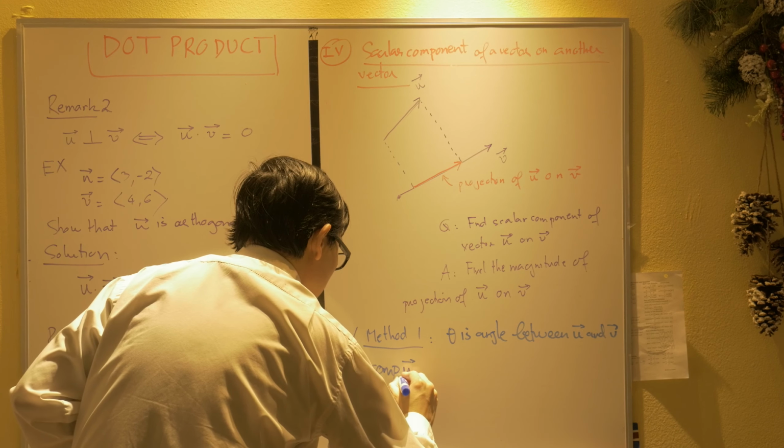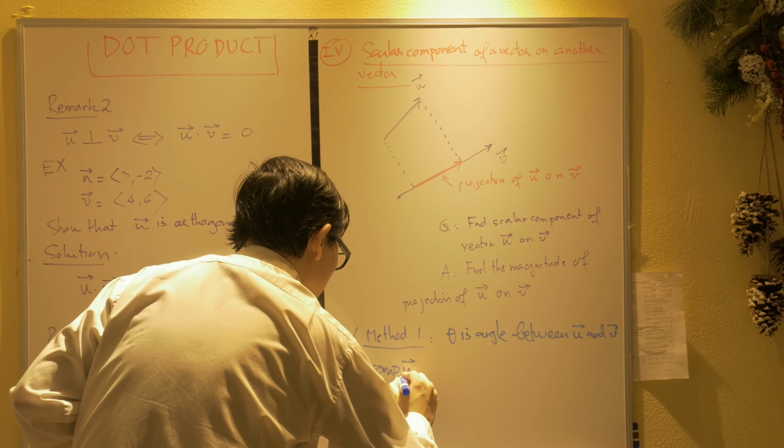Actually, this formula is derived from the fact that if you translate the vector in red color here to this position, the red vector becomes this one, and the angle theta between u and v is this angle.